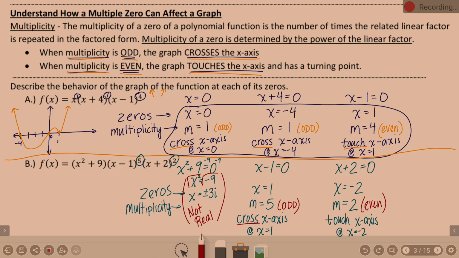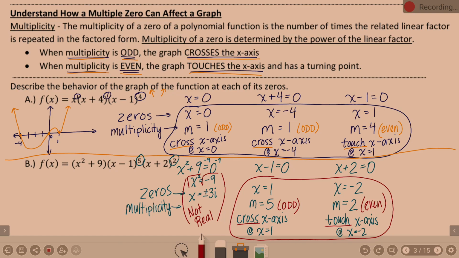Your answers here are the real zeros, 1 and negative 2, their multiplicities of 5 and 2, and the fact that they cross and touch the x-axis, respectively.